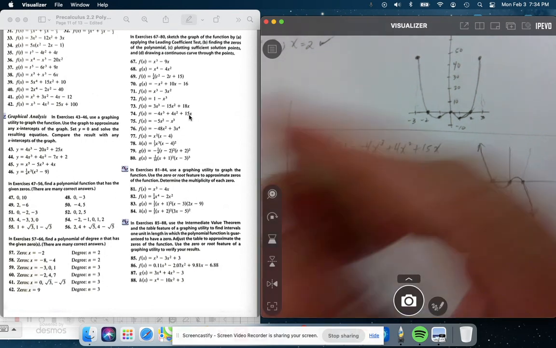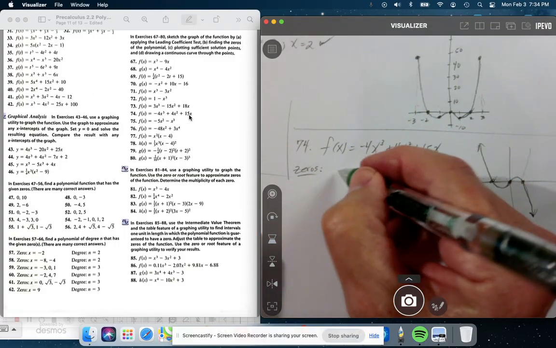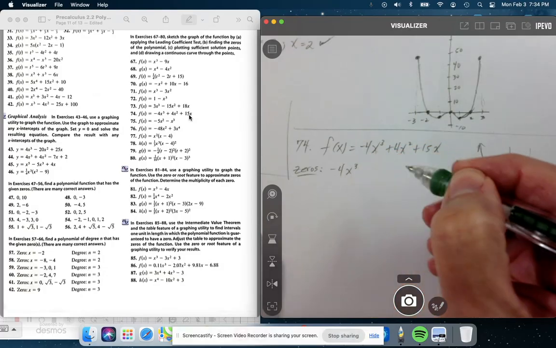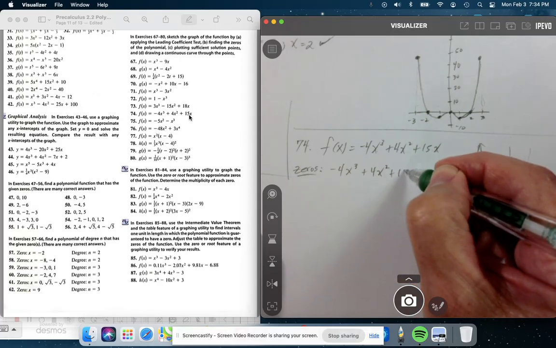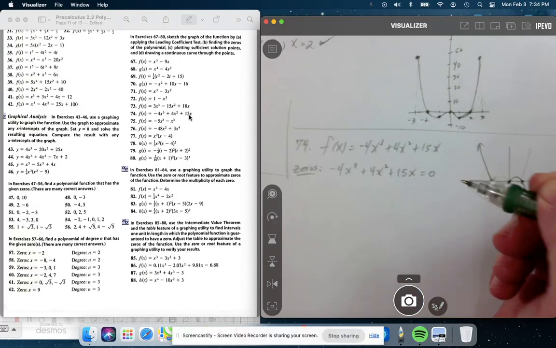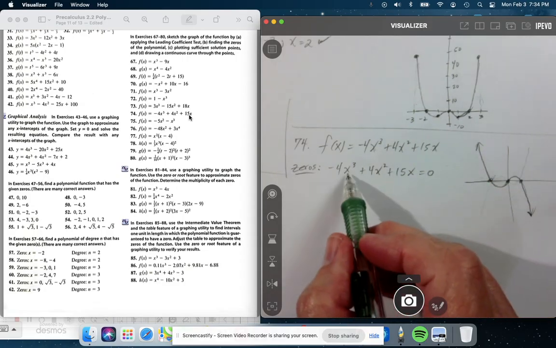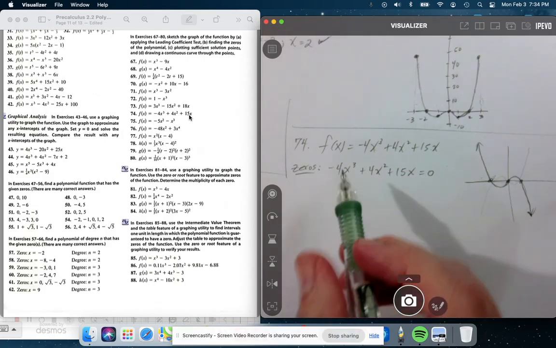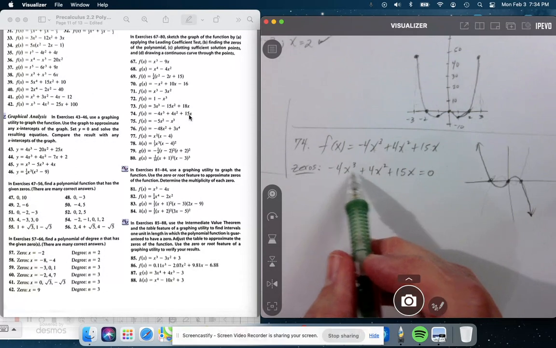To find the zeros, we'll factor it. So we have negative 4x cubed plus 4x squared plus 15x is equal to 0. I can factor out an x, and when I do, that's going to leave me with a quadratic.